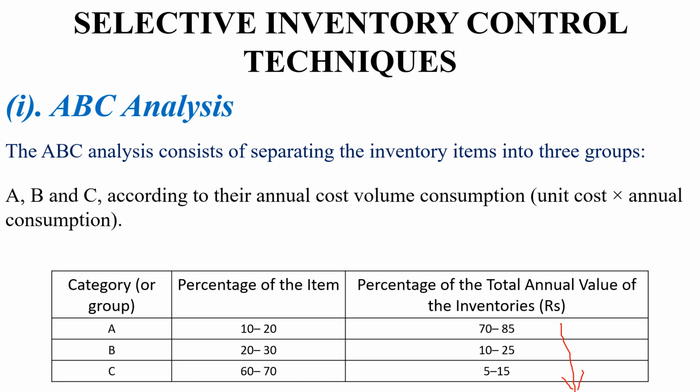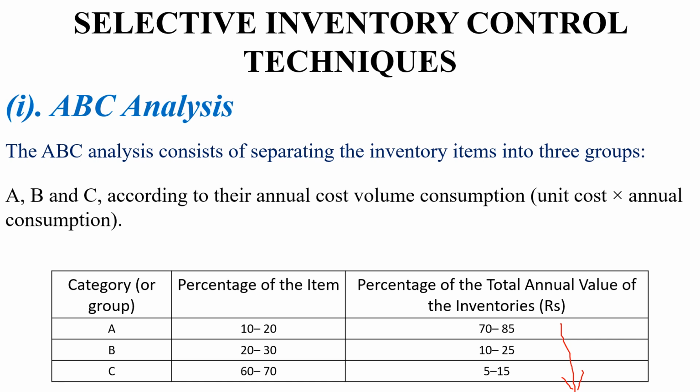Category A is the items whose total annual inventory value is 70 to 85%, and the percentage of items is 10 to 20%. Category B is the items whose total annual inventory value is 10 to 25%, and the percentage of items is 20 to 30%.